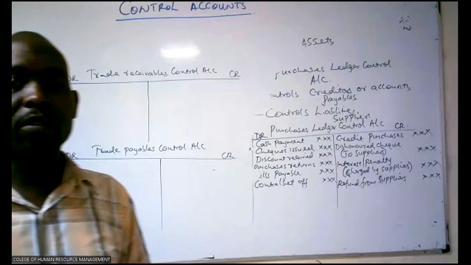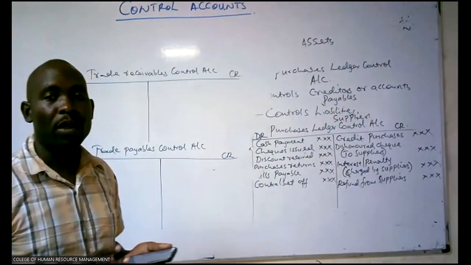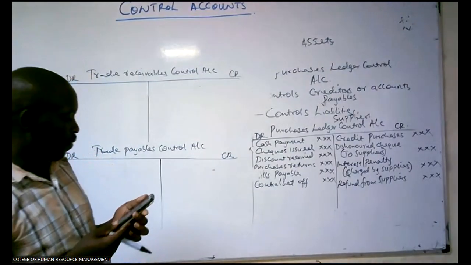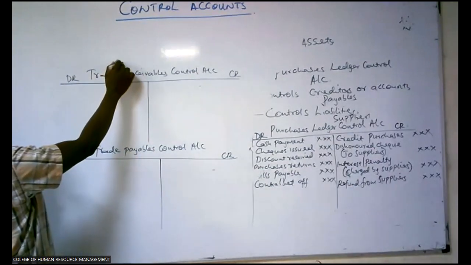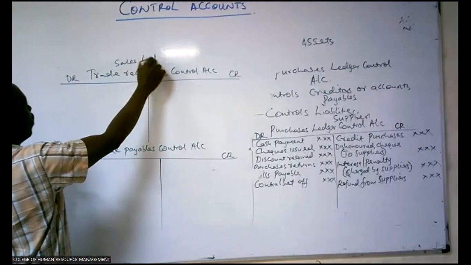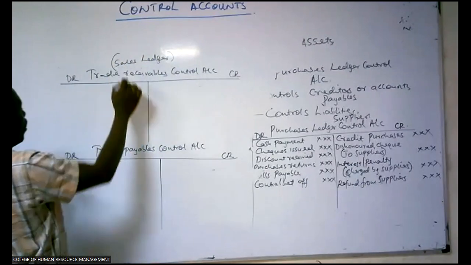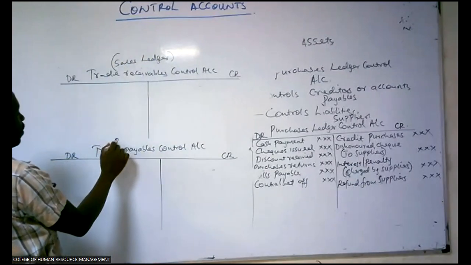Always start with the opening balances and you put them the way they are given. For this one, remember it is the sales ledger. Don't get confused. The payables are the purchases ledger.